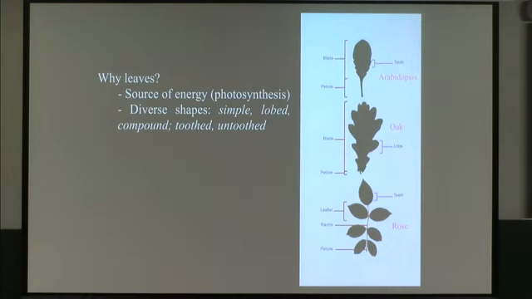So why work on leaves? They're the main source of energy for life on this planet, for us as well, through photosynthesis. They have diverse shapes: they can be simple, with teeth as in Arabidopsis or without teeth.